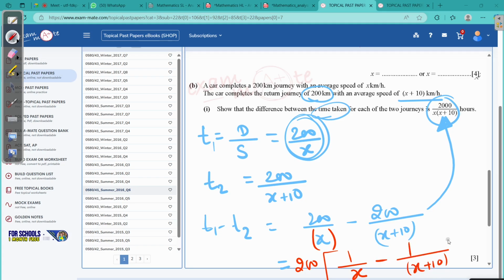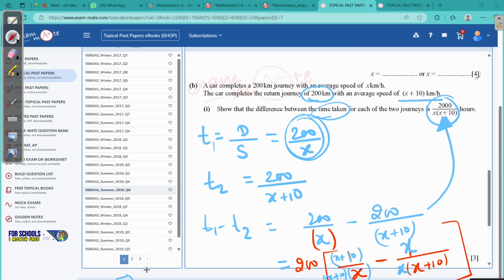For making it a single fraction, the first should be multiplied by x plus 10, and in the numerator also you multiply with x plus 10. For the second one, it should be multiplied by x, so the numerator should also be multiplied by x.